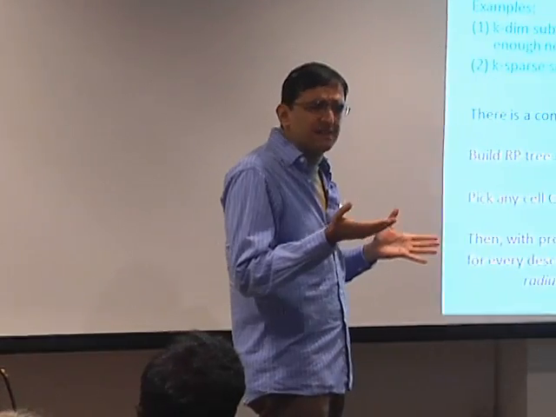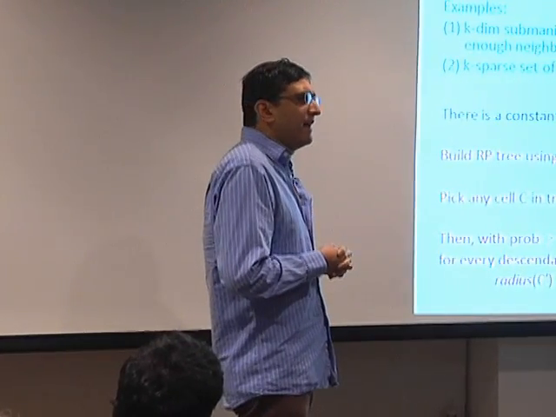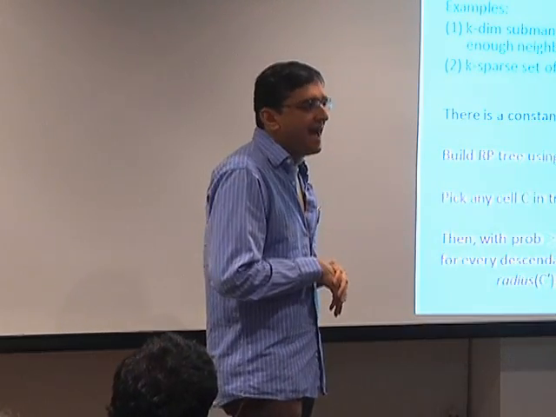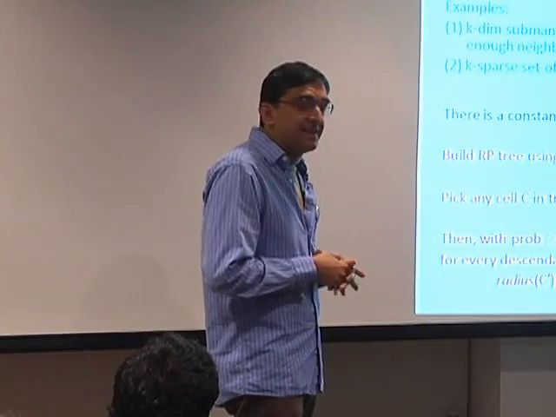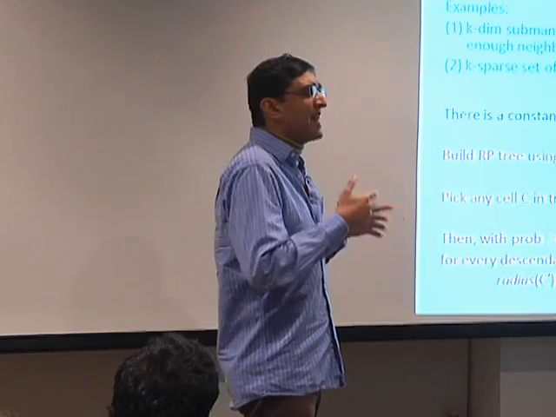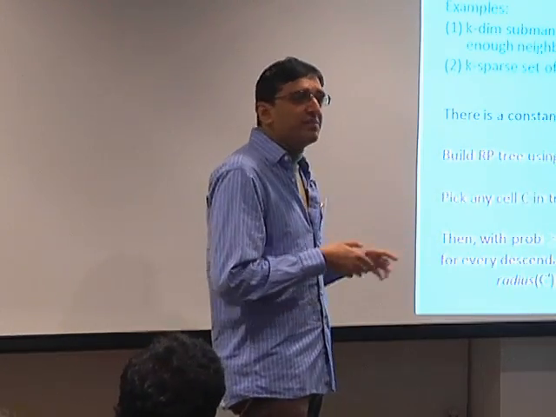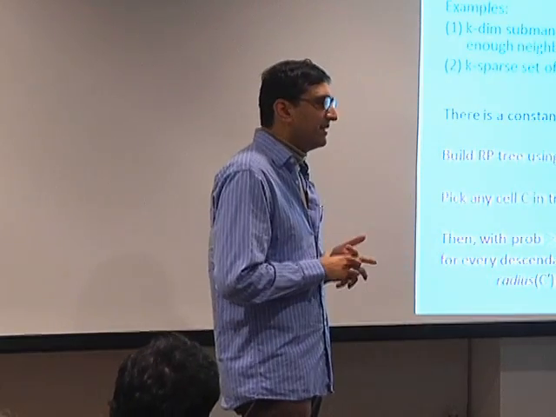So let me just say a little bit about why this works. If coordinate projections are so bad, how can a random projection work? Basically, the answer is that it's not that coordinate projections are bad. It's just that on some data sets, coordinate projections work fantastically well. On other data sets, coordinate projections work poorly.